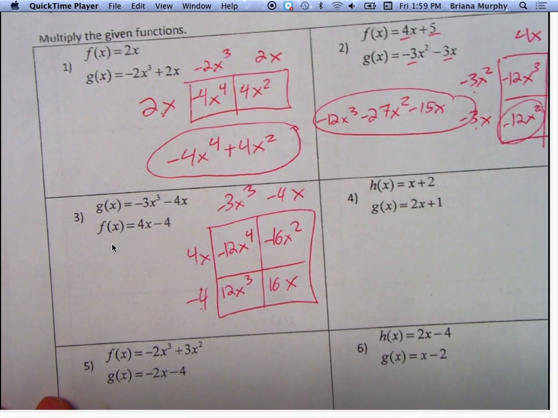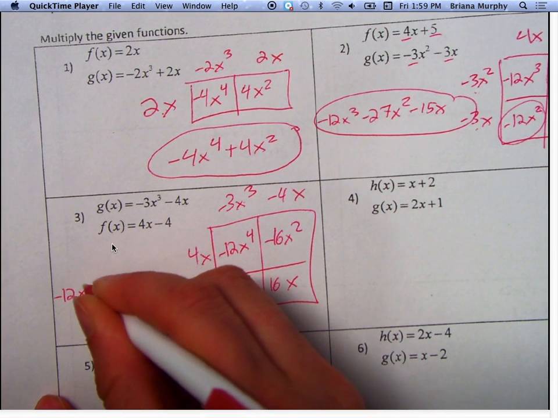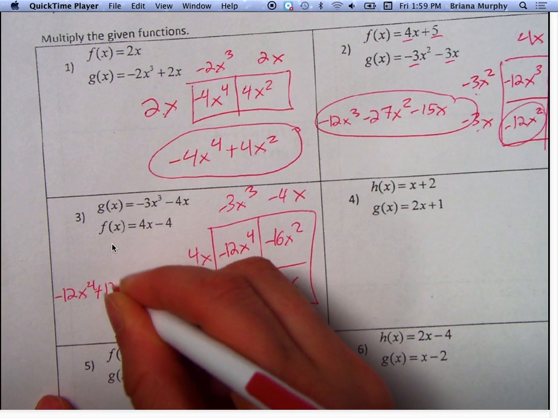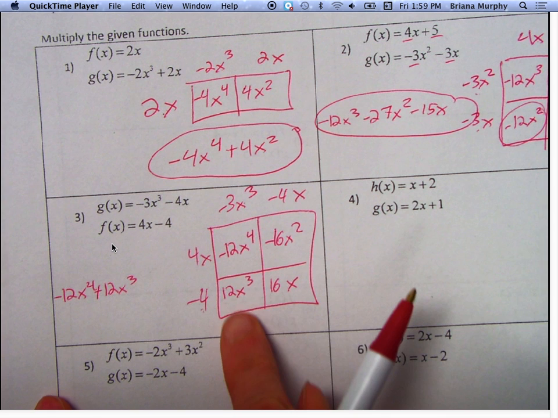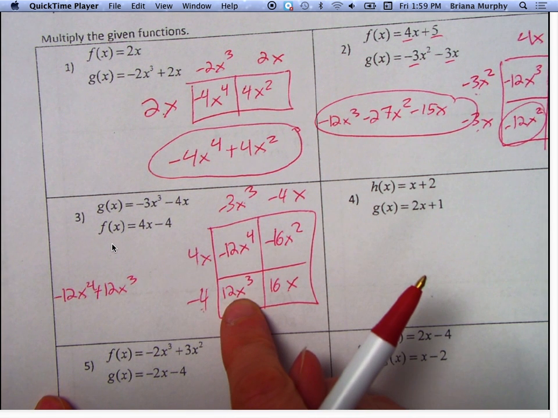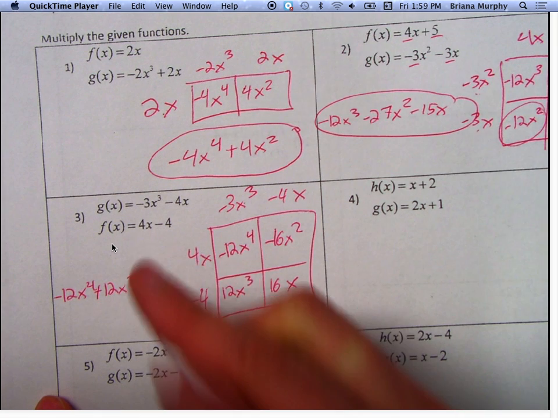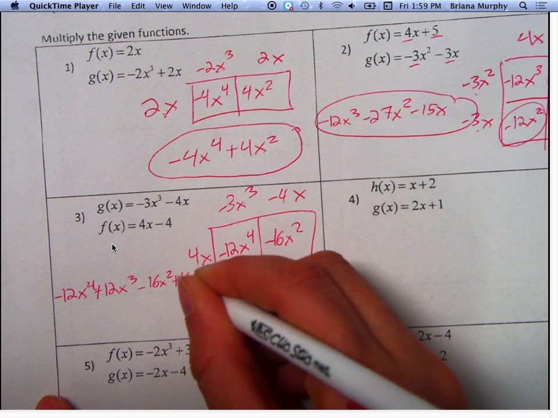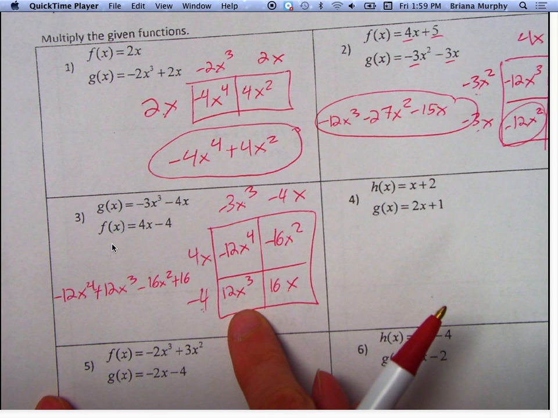So we should get negative 12x to the fourth plus 12x to the third, because I wanted to have the x's in order, so I did fourth first, then third, then negative 16x squared. But negative 16 plus 12 is 4.